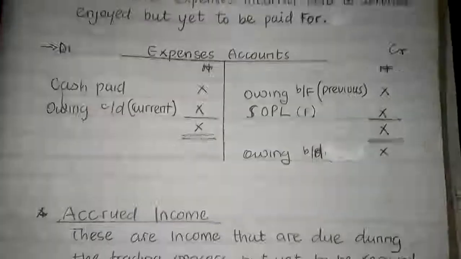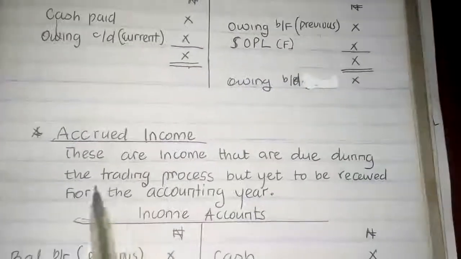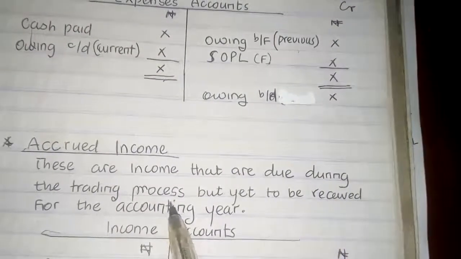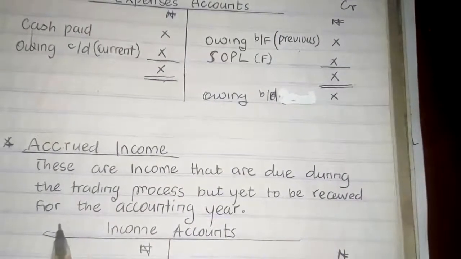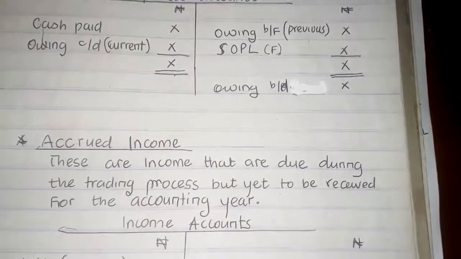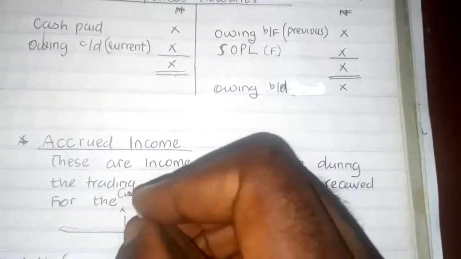Then we also have accruals, that's accrued income. These are income that are due during the trading process but yet to be received from the accounting year. For the current, it should be current accounting year. They are due.